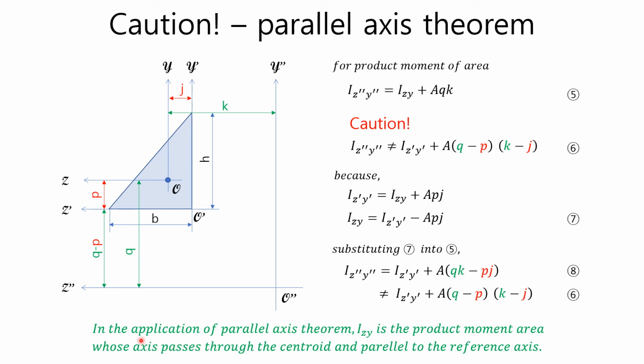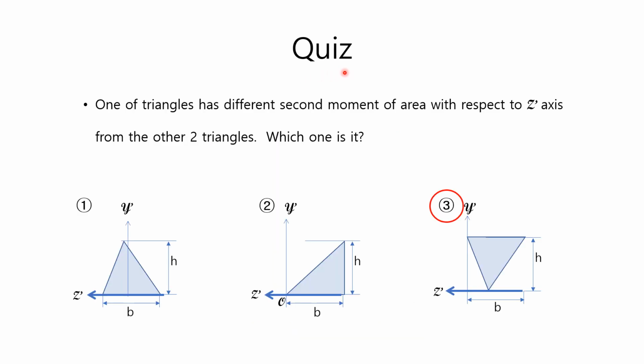Therefore, we have to remember, in the application of the parallel axis theorem, Izy is the product moment of area whose axis passes through the centroid and is parallel to the reference axis. The answer to the quiz is number 3.